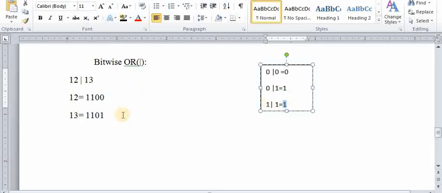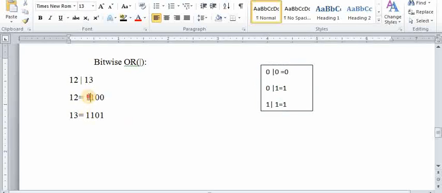Similarly, you can check. True or true returns true. False or false, both conditions are false, so in this case it will return false. False or true will obviously return true, and true or true will return true.